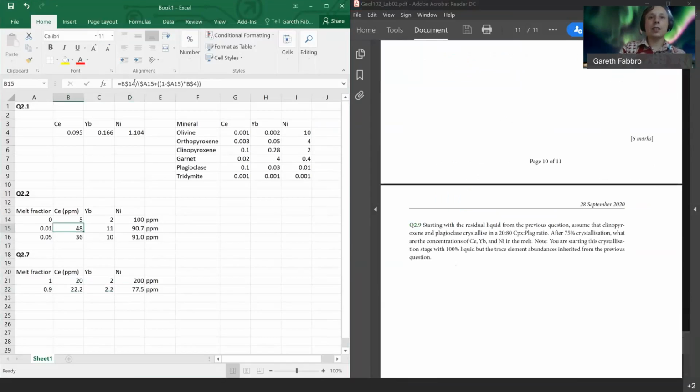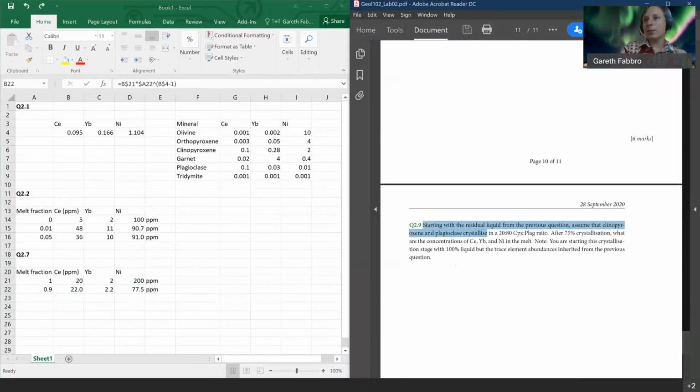You could do that here, and plug that number in as your partition coefficient here, and it works just the same. But here, remember, you need to first calculate your bulk partition coefficient. The same with this.